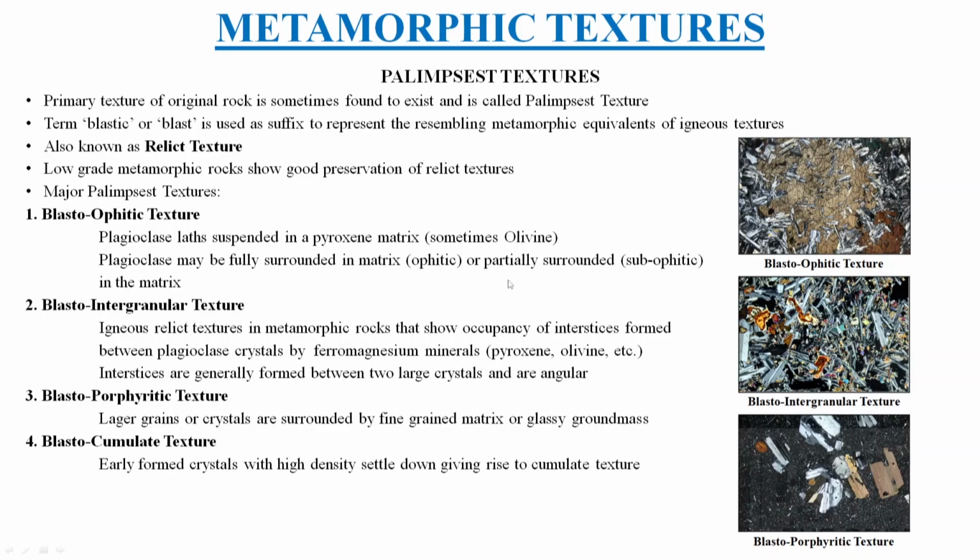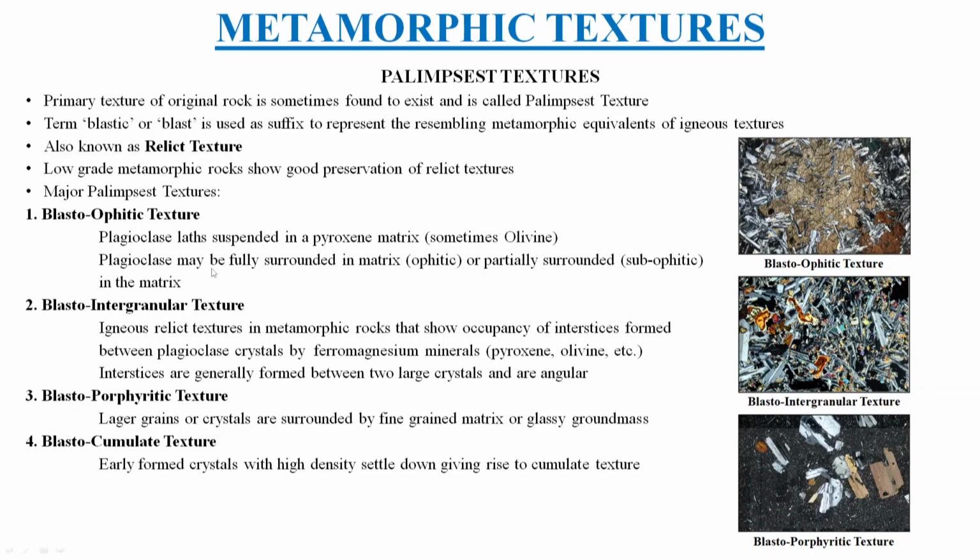In that case it will be intergranular, but if it is exhibited by a metamorphic rock, it will be blasto-intergranular texture, and these interstitial spaces will now be filled up by your ferromagnesian minerals. So, that is your blasto-intergranular texture.